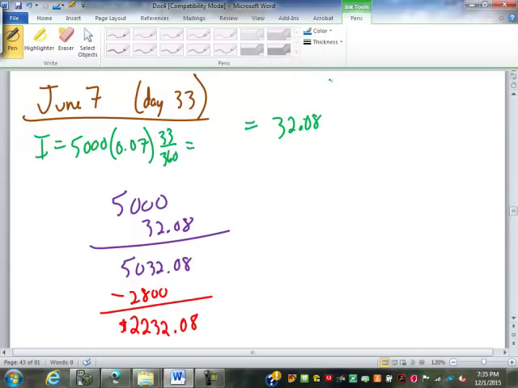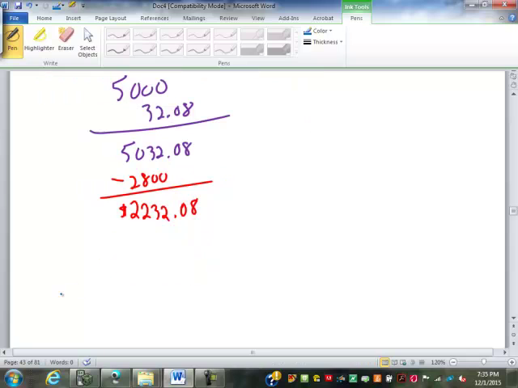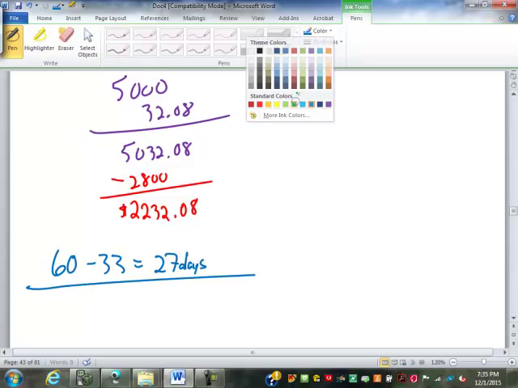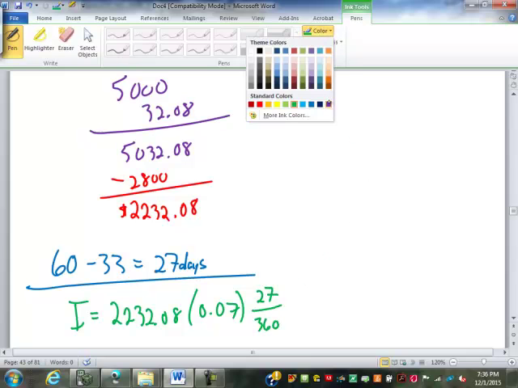So our next action is at the end. There's a 60-day note. 33 days have gone by. There's 27 days left. So our interest is that principal, 2232.08 times still 7%, so 0.07, 27 out of 360.